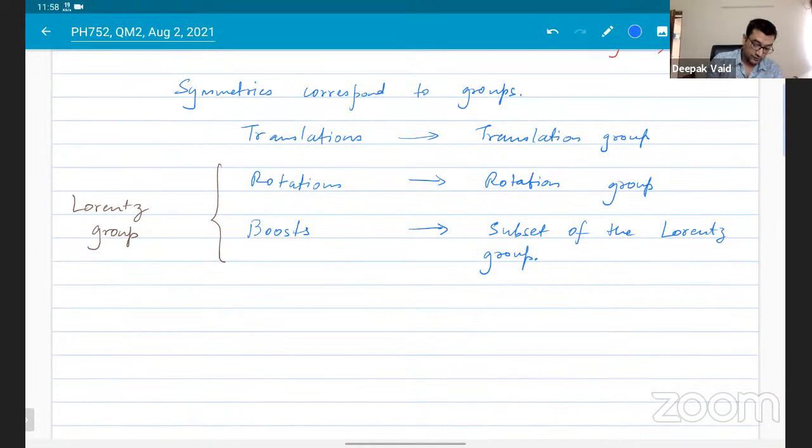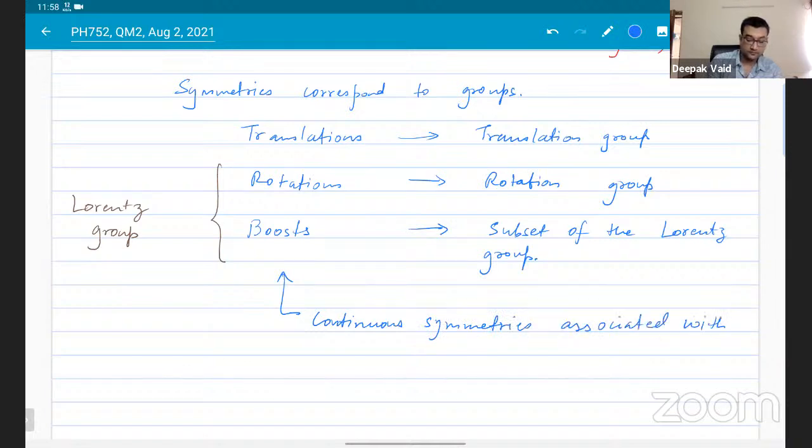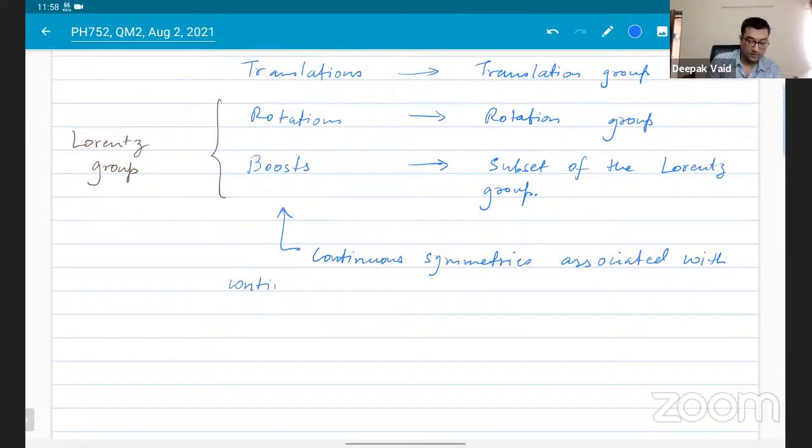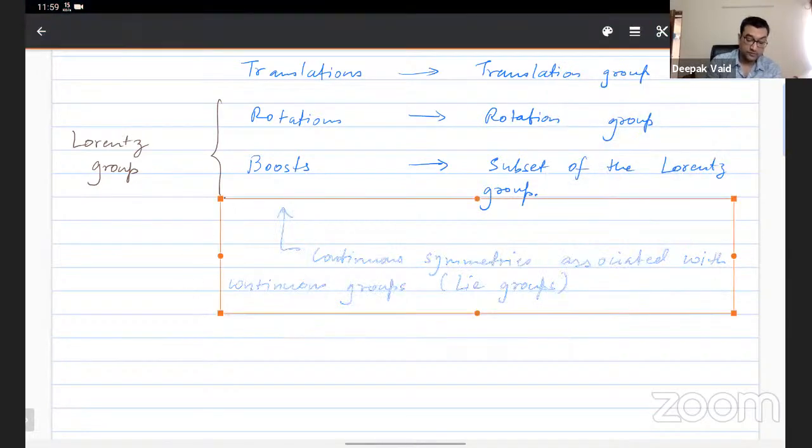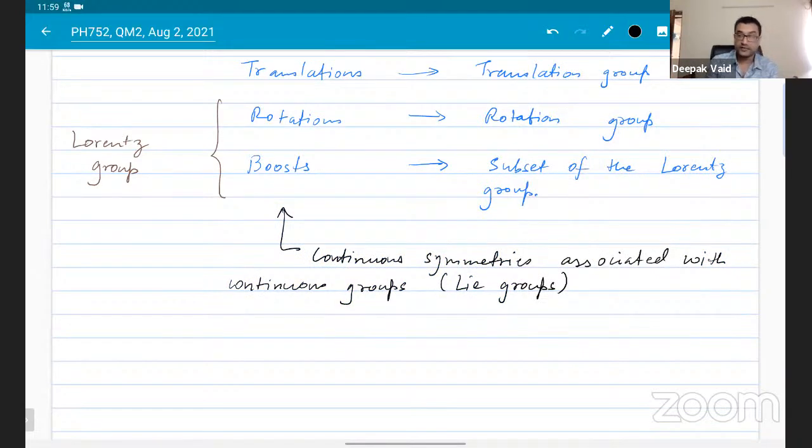These are continuous symmetries associated with continuous groups. And groups of this kind also go by the name of Lie groups. It's pronounced Lee, after a gentleman called Sophus Lie, who studied these groups.